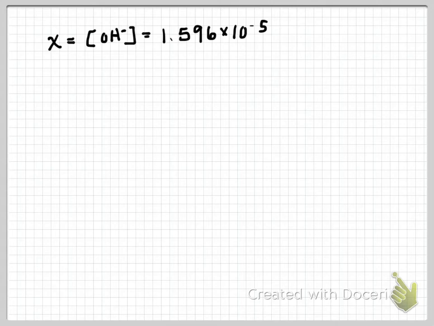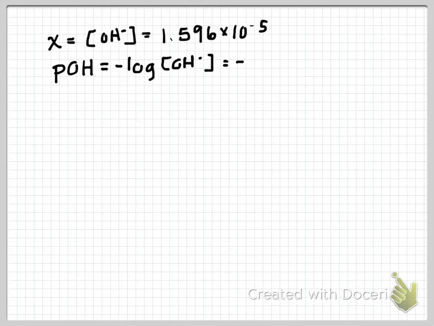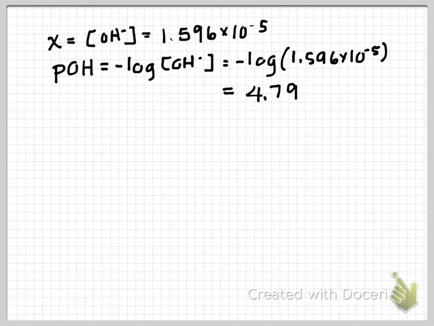You can solve this two ways. I find solving for pOH is the easiest and fastest way to do it. So the pOH is the negative log of our OH minus, and that equals 4.79. And then we have our relationship that 14 equals pOH plus pH.